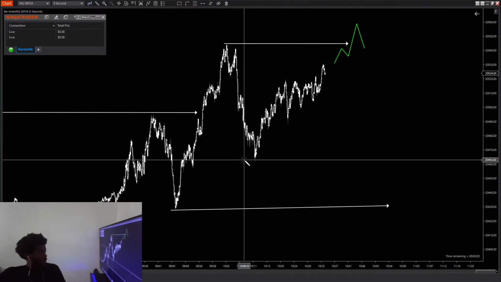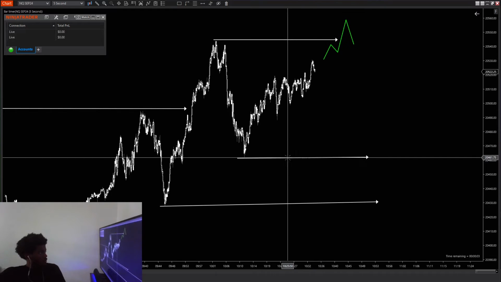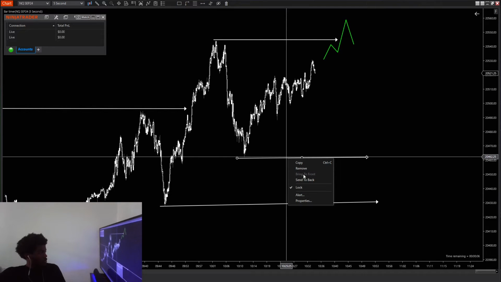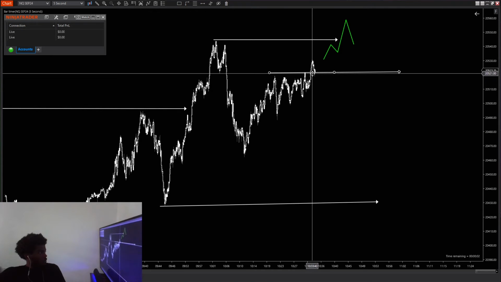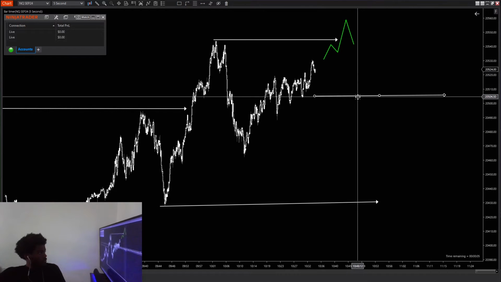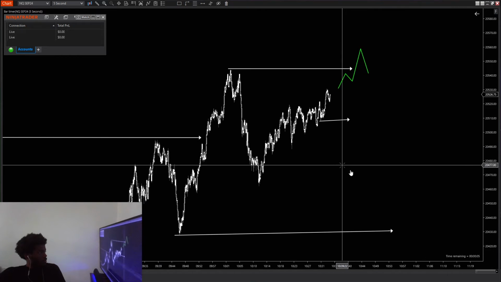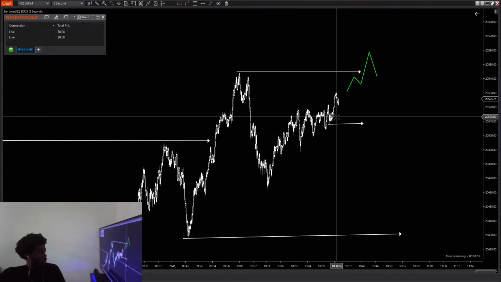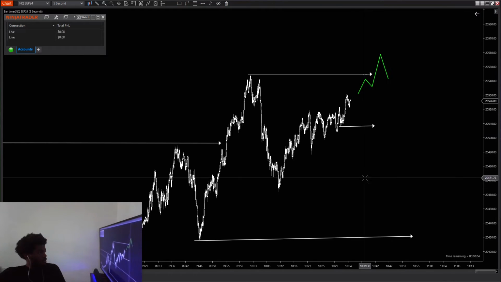If I were to prepare for lower prices, I'm looking for this. In fact, it's not even this no more, actually. Hold on. This low here. I want to see a closure below that before I even plan anything.